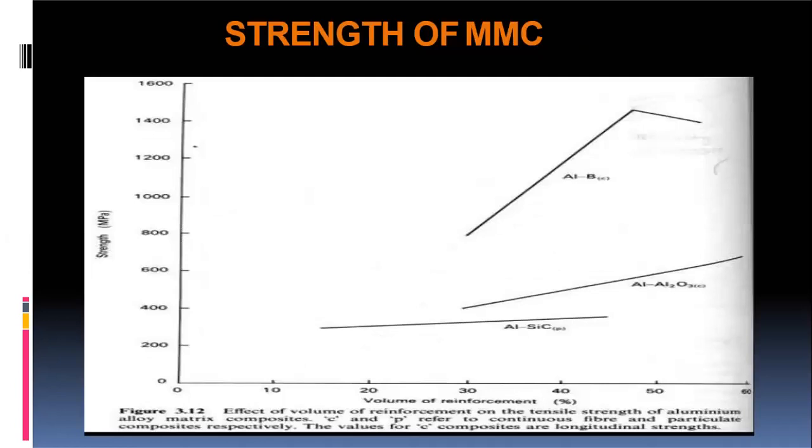Next, the strength of metal matrix composites. First, we are taking the vertical axis as strength, in megapascals, and in the horizontal axis we are taking the volume of reinforcement. So what is the percentage of reinforcement we are taking?